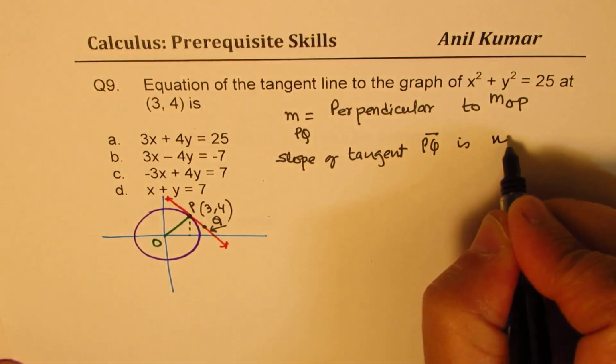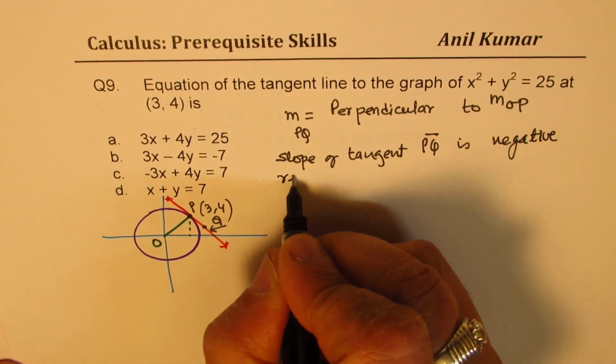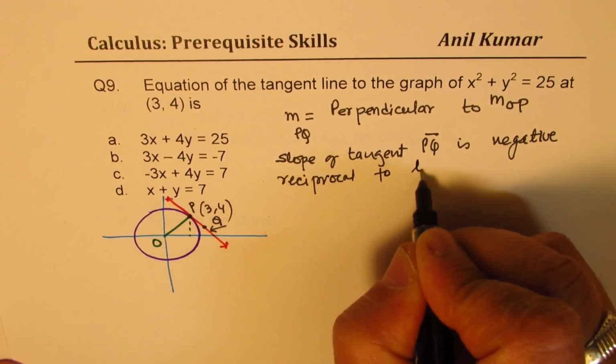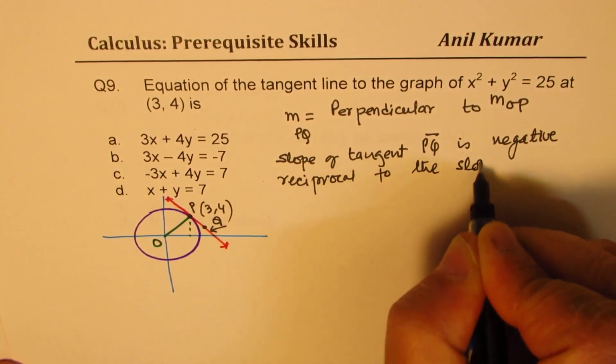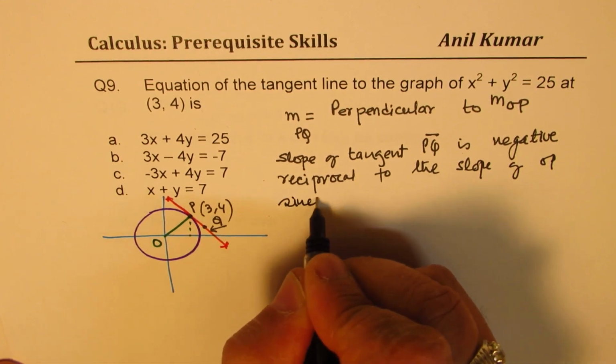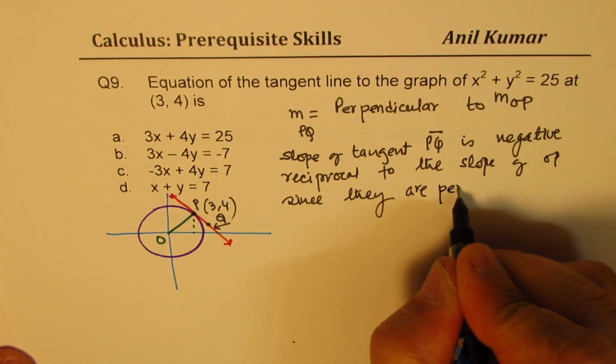is the negative reciprocal to the slope of OP, right? Since they are perpendicular, right?